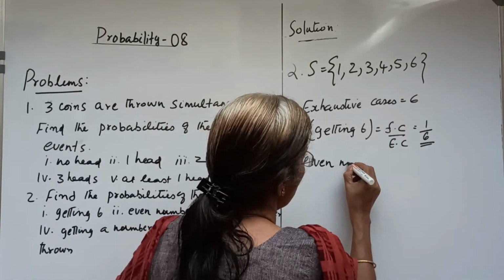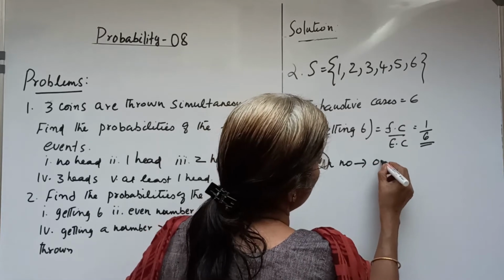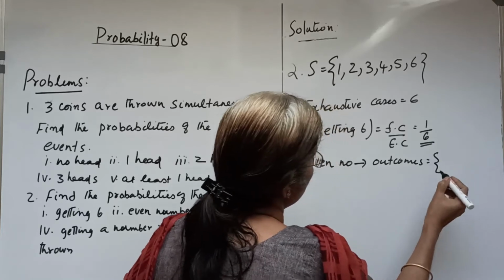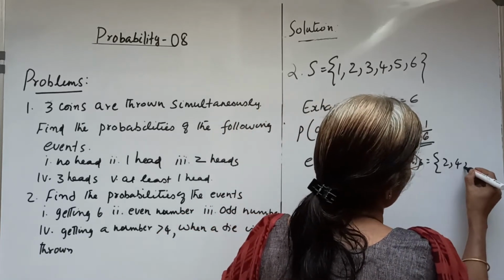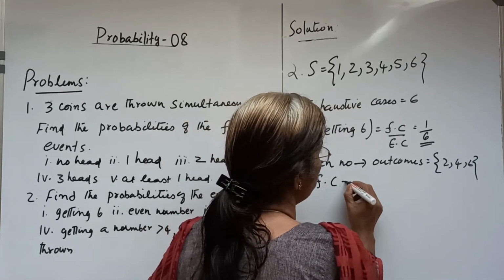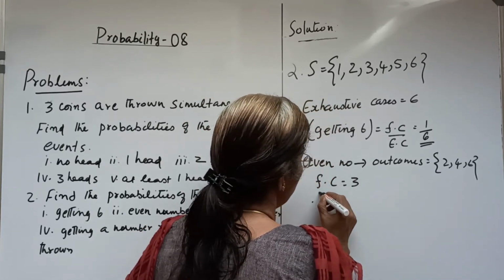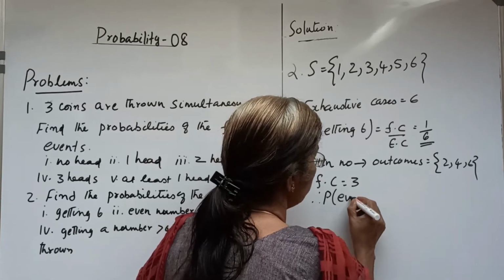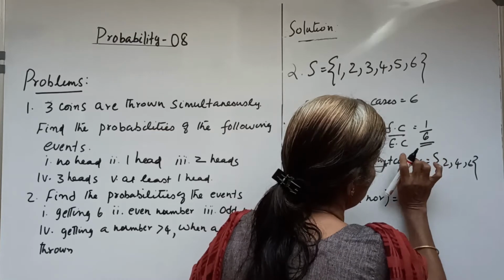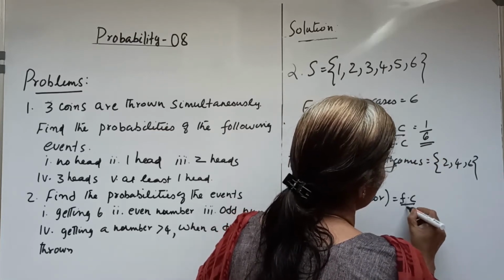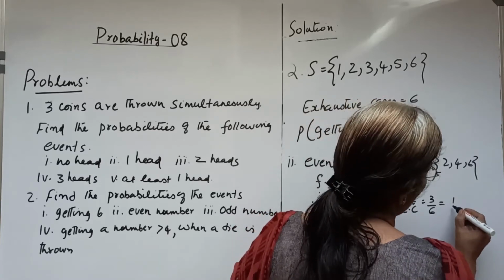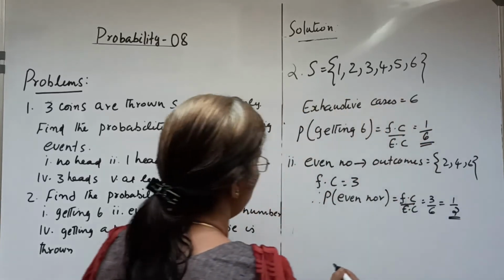Even number means the set of outcomes is 2, 4, 6. Therefore favorable cases equal to 3. Therefore probability of even number, using the definition favorable cases by exhaustive cases, is 3 by 6, equal to 1 by 2.